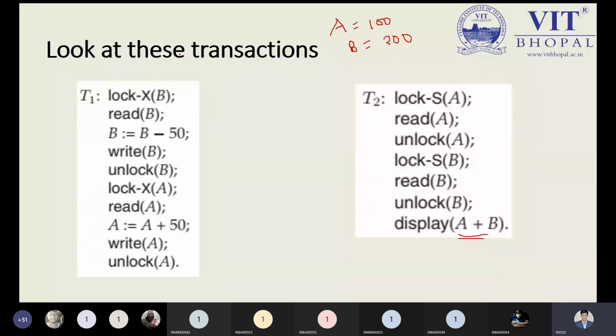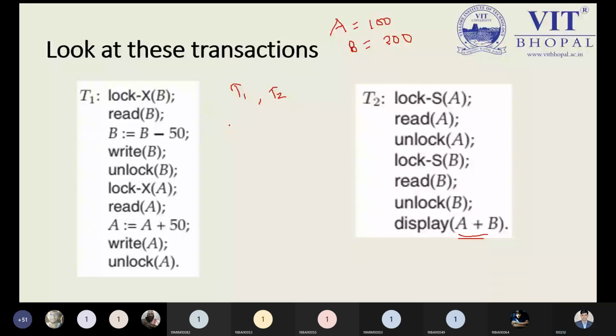So we have two data items, A and B. Now tell me what would be the output of A plus B. This time I am giving the hint: the first transaction is T1, and then the second transaction is T2. Don't think of this as concurrent execution. Over here we have the serial schedule.